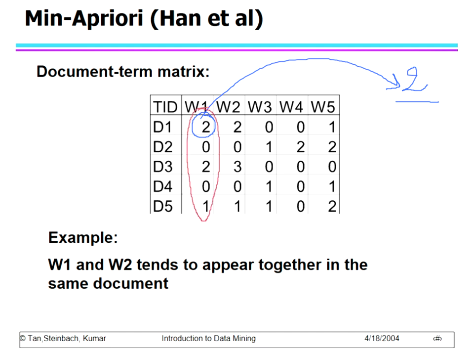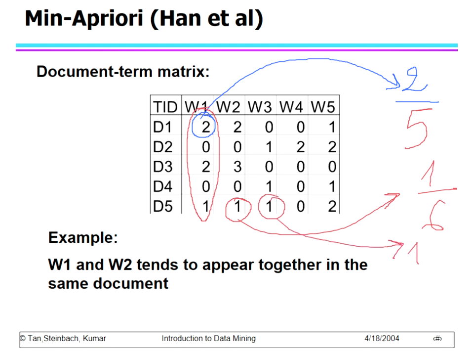So 2 divided by 5, not 6 here. For example, 1 will be 1 divided by 6. And this 1 will be 1 divided by 3.